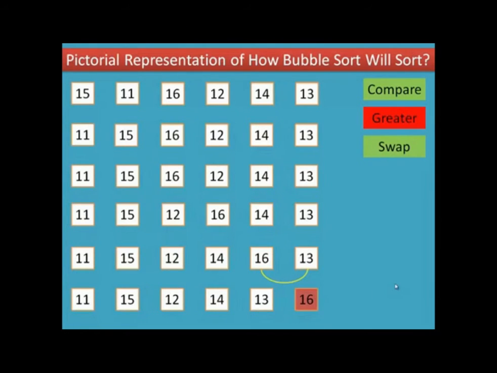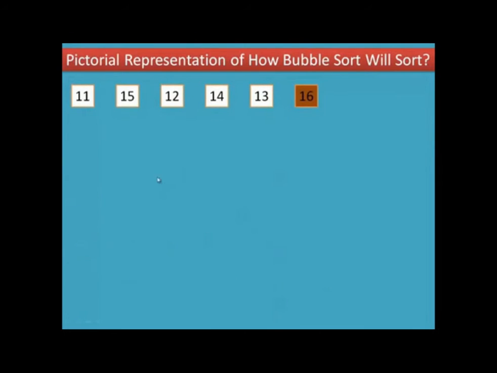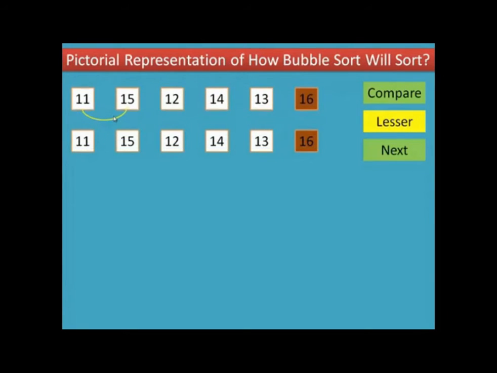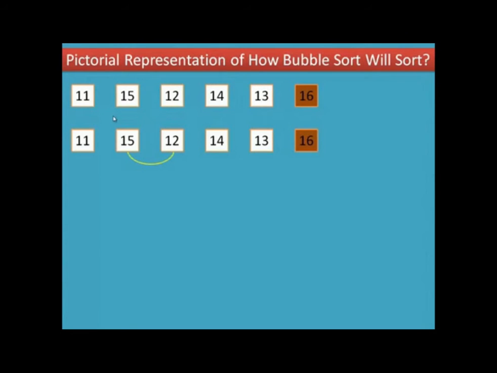Now we compare the first two numbers, 11 and 15. 11 is less than 15, so keep as it is, no swapping here. Next, 15 and 12. 15 is greater than 12, so swapping both, and the rest of the numbers we bring down.